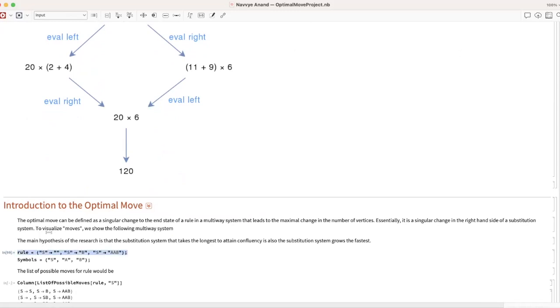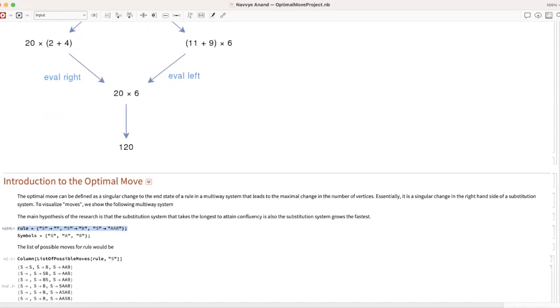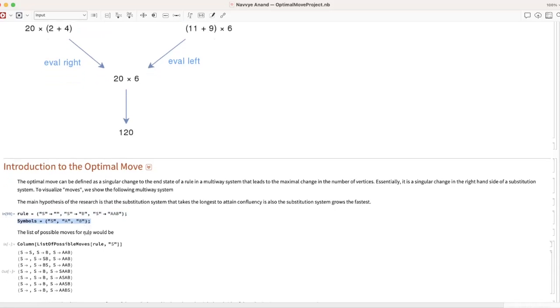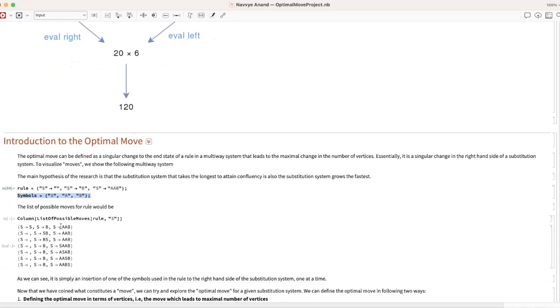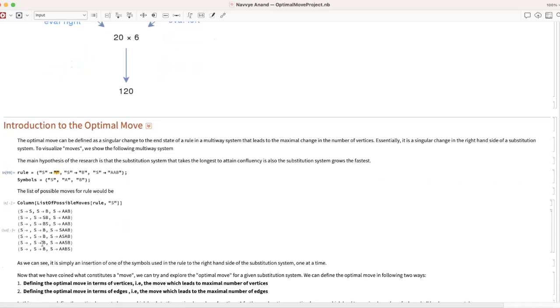We have this rule: S goes to a blank string, S goes to B, and S goes to AAB. And we know that the symbols in this are simply S, A, and B. So the list of possible moves for this rule would simply be changes to the right-hand side of the rule. So here are the possible moves.